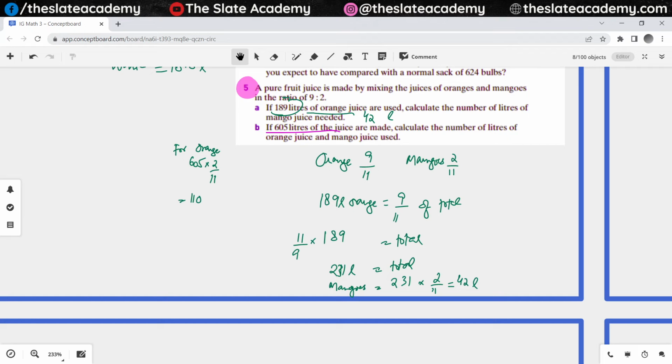That would be 495 liters of mangoes. But if I want to do by ratio, it would be 605 into 9 by 11. So this would again give me 495 liters. Understood? Any confusion in this?